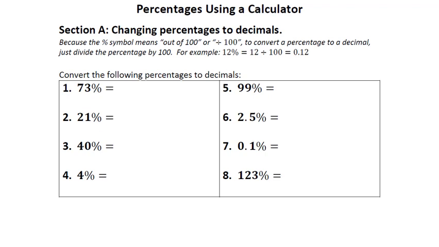With 99%, you should get 0.99, which is very close to 1, because 99% is very close to 100%. 2.5% will not give you 0.25, that's actually a quarter, that's 25%. 2.5% will be a bit bigger than 2%, so it'll be a bit bigger than 0.02, which means it'll be 0.025 in this case.